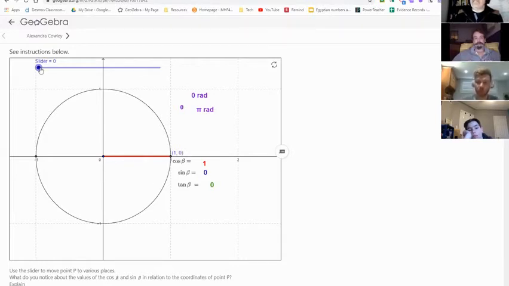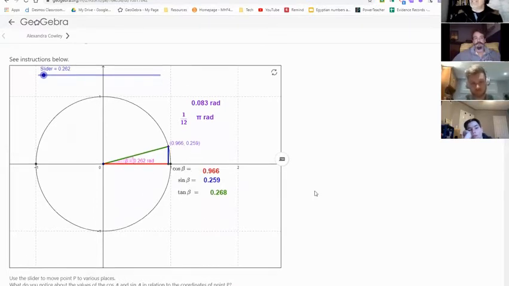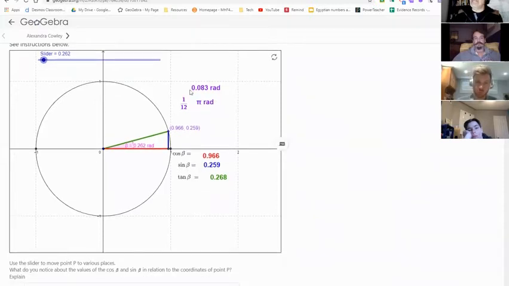So let's build a little angle here. Okay, so right now, this is what we have. We have an angle that measures, and this is a really nice little applet, pi over 12. You can think pi over 12 radians, or 0.083 radians. And what we have here is this. Let's analyze the 3 ratios that we have.